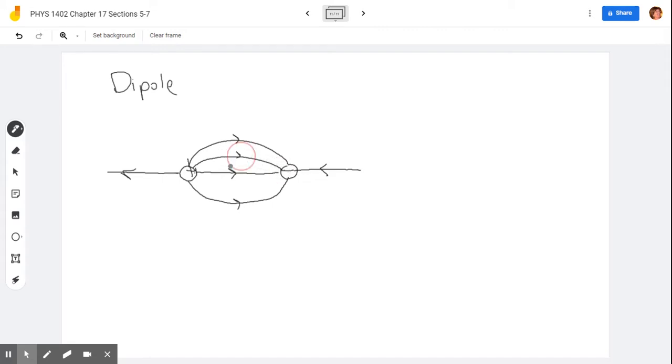When we get finished, this may or may not remind you of something you've seen before. I don't know how many of you have ever looked at magnetic field lines by using iron filings.